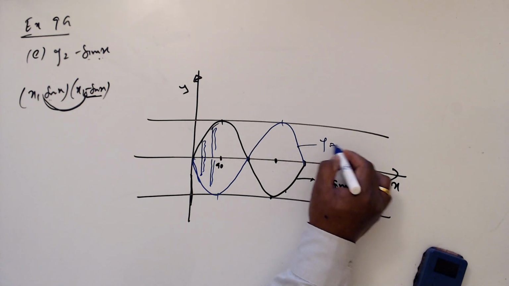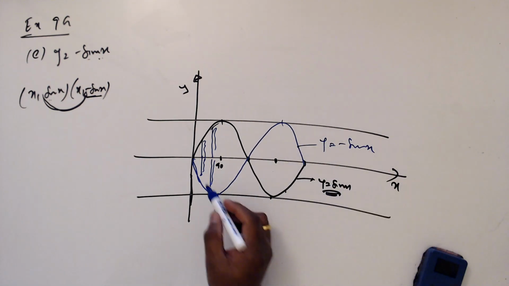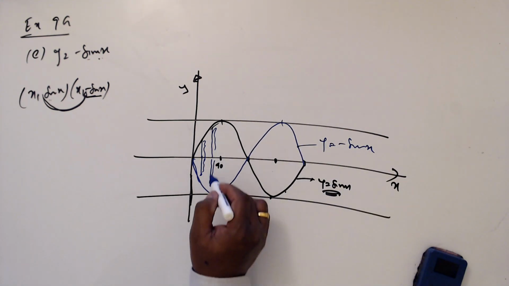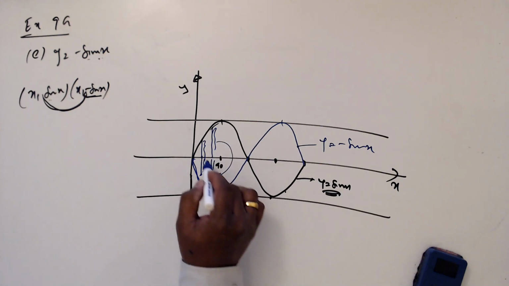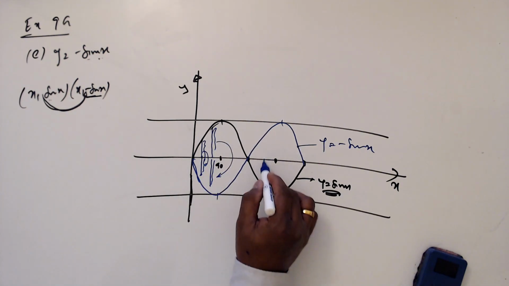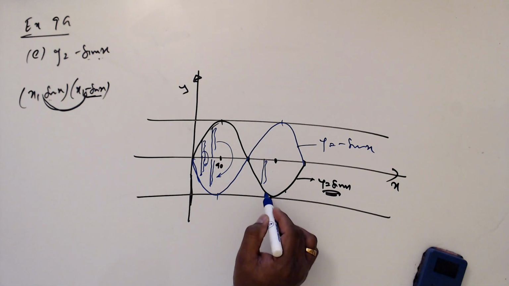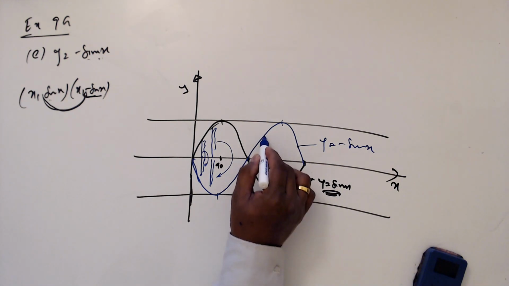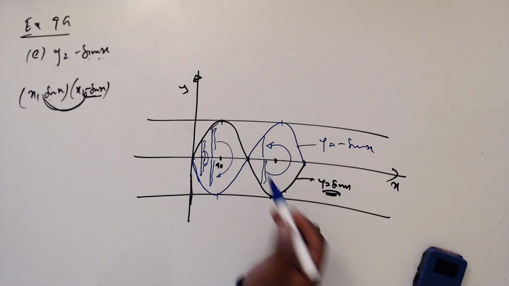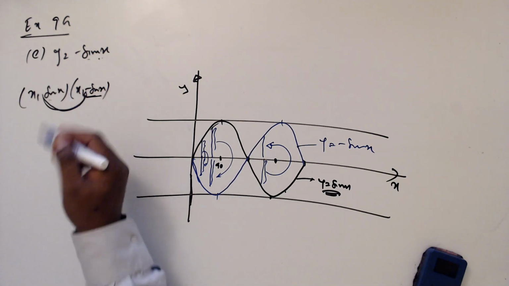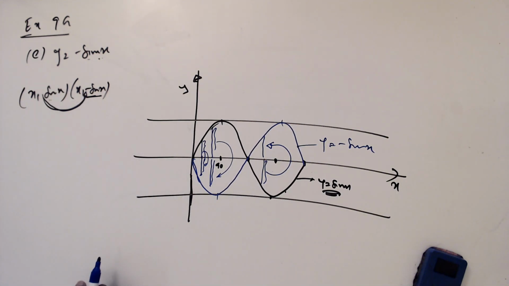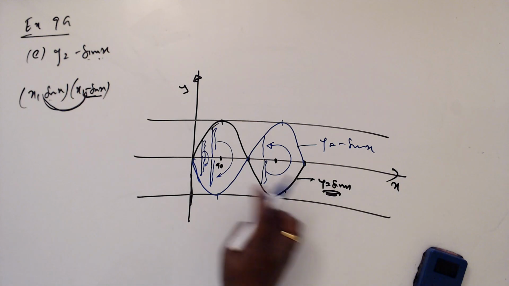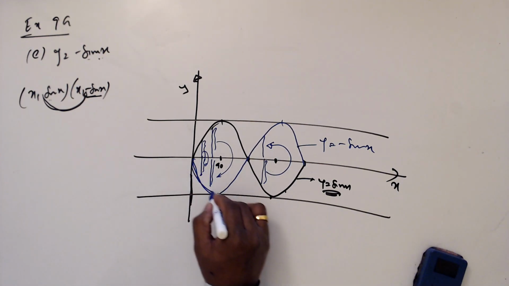This is y equals minus sin x. See, all positive y values turn to negative, and negative y values turn to positive. That's what is happening. Now this is not the graph; the blue one is the graph.